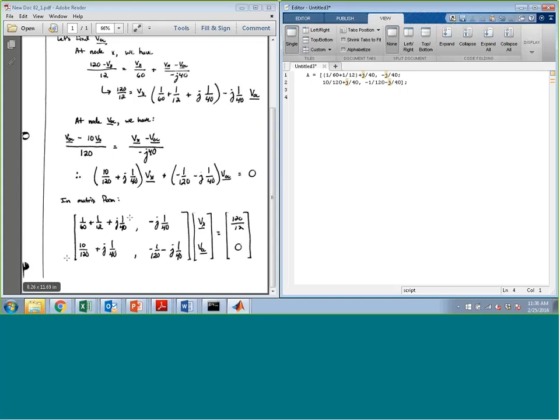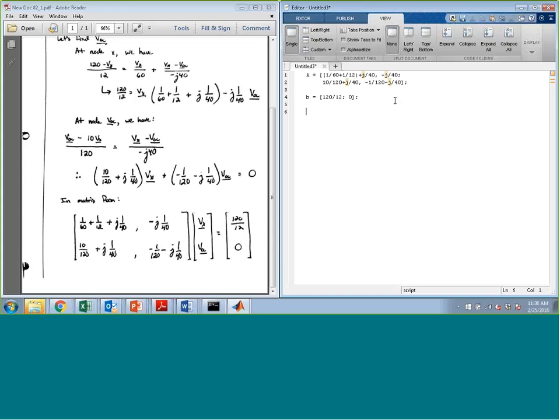That is this matrix. Now what I want to do is enter what those two equations are equal to: 120 over 12, and then I want another line, so I put a semicolon in there, and then a 0. Notice I'm putting semicolons after each line is complete.